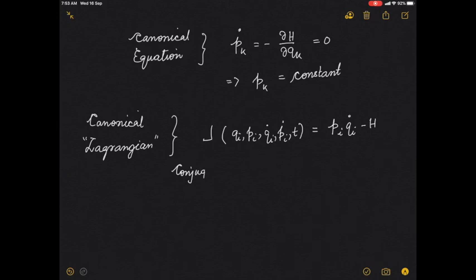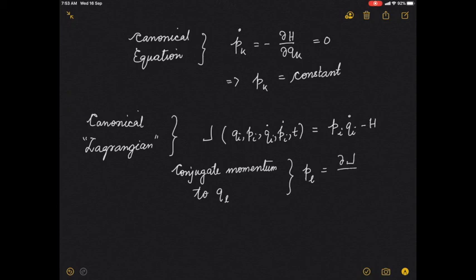And by definition, the conjugate momentum to say QL, what will this be? So this I will call PL is by definition del L del QL dot. QL dot only exists in the first term, the kinetic term.